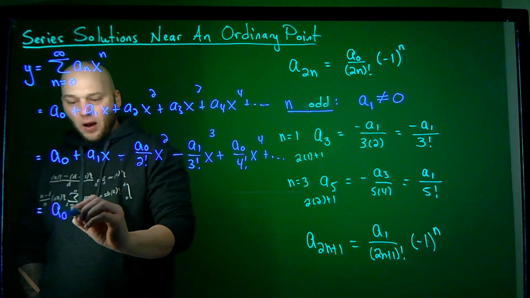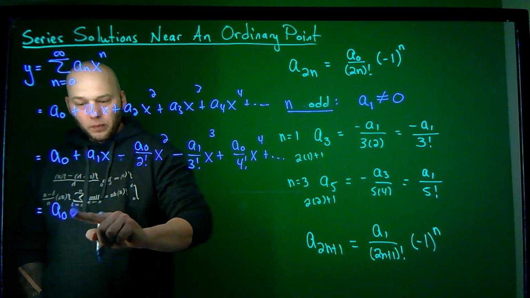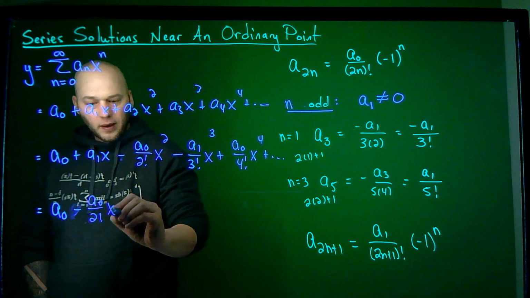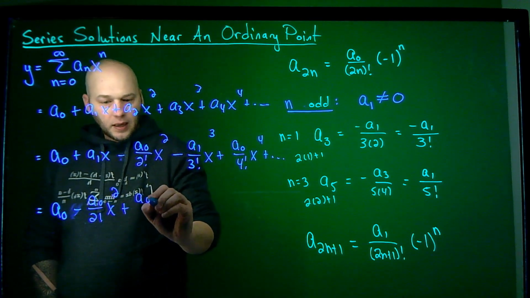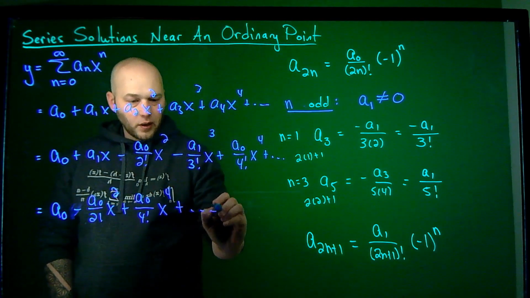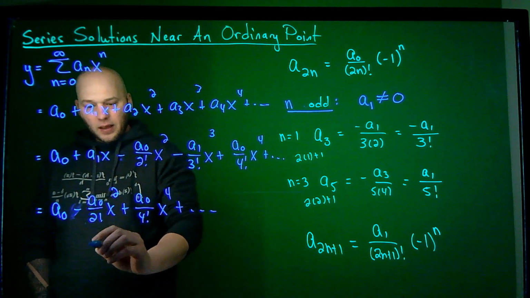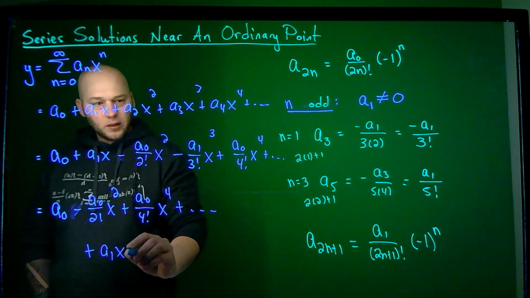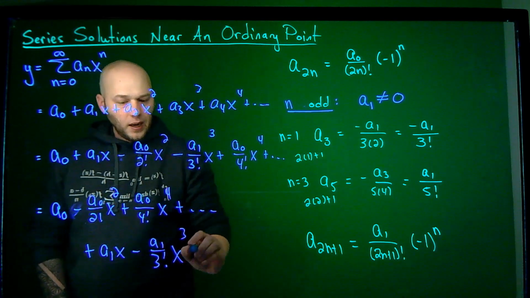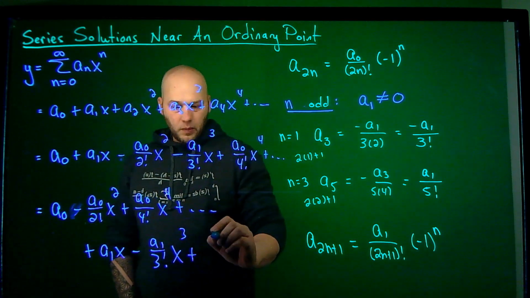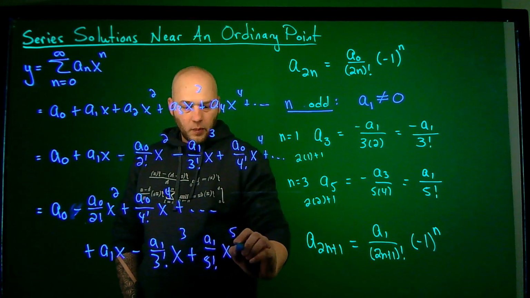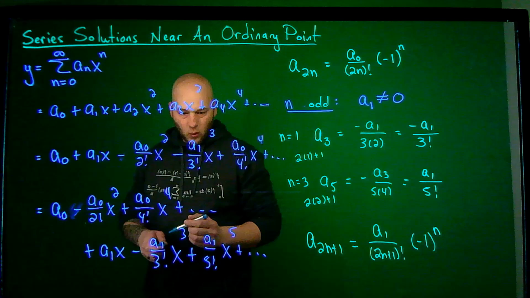I would get a naught minus a naught over 2 factorial x squared plus a naught over 4 factorial x to the 4th plus all the higher order even terms, and then plus a1x minus a1 over 3 factorial x cubed, and then following the pattern, plus a1 over 5 factorial x to the 5th plus again, higher order terms.